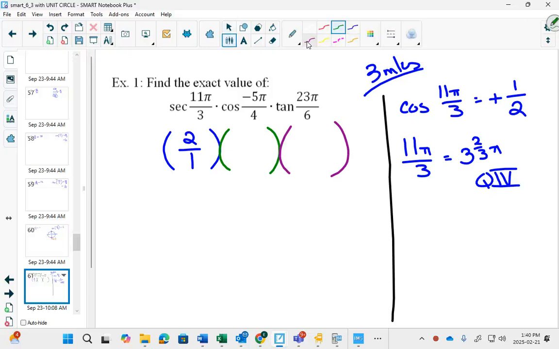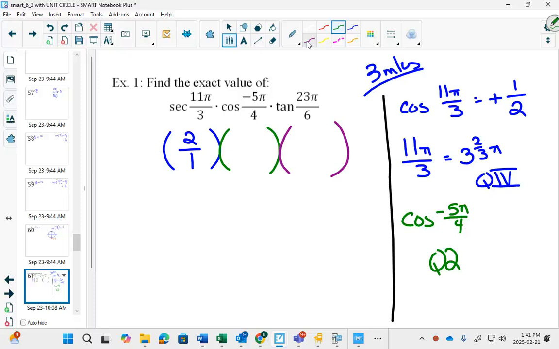Next, I'm going to go to green. Cos of -5 pi over 4. Well, 5 pi over 4 is on my pi plate in quadrant 3. Does it make sense then that -5 pi over 4 will be in quadrant 2?